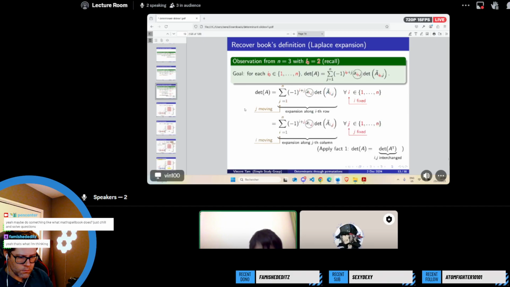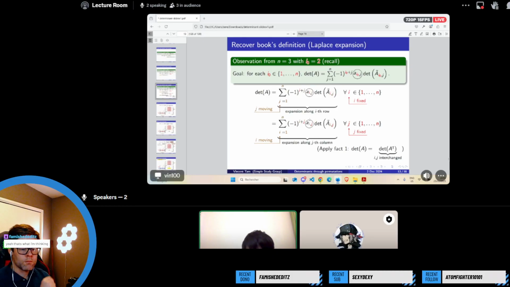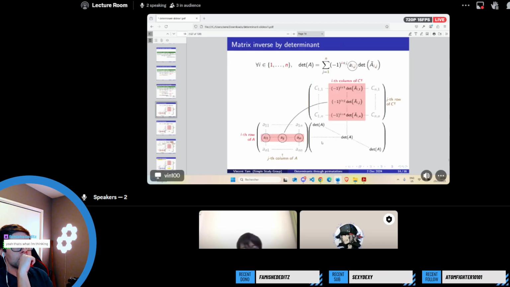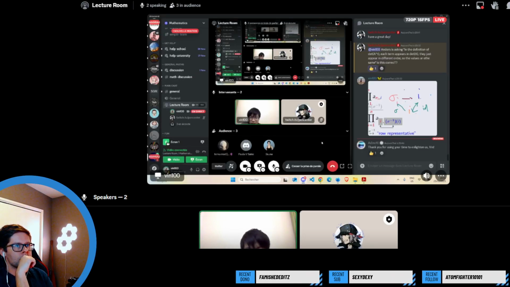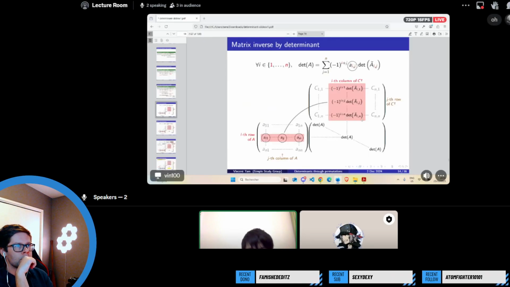So due to fact number 1, that a matrix is equal to its transpose, the determinant of a matrix is equal to the determinant of the transpose of the matrix, and actually we can also see that expansion along a column also works. So this leads us to the final result.